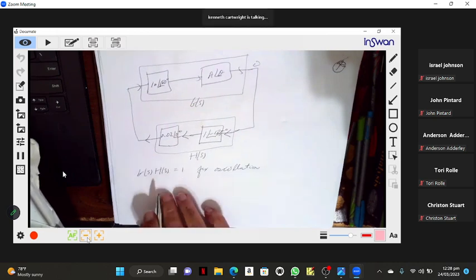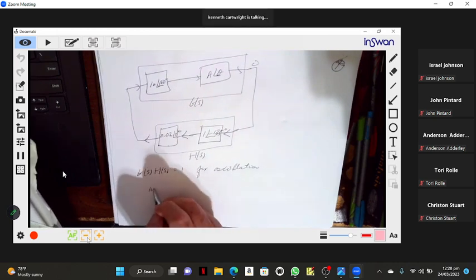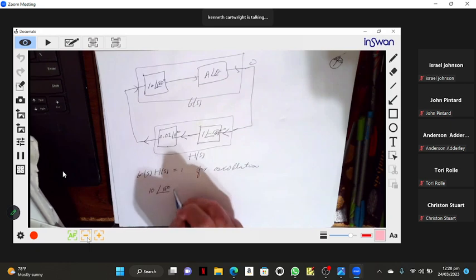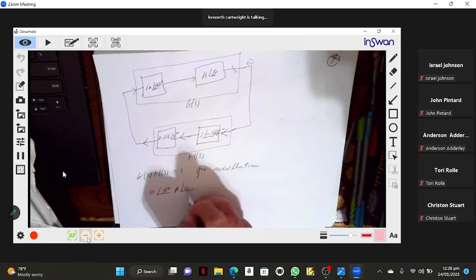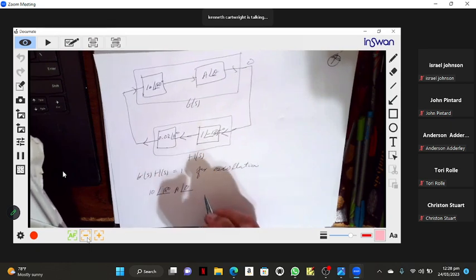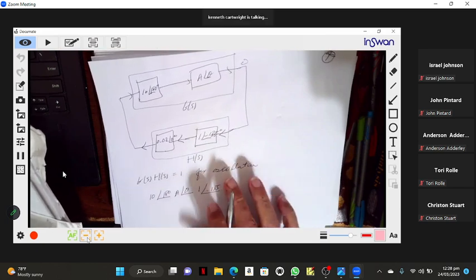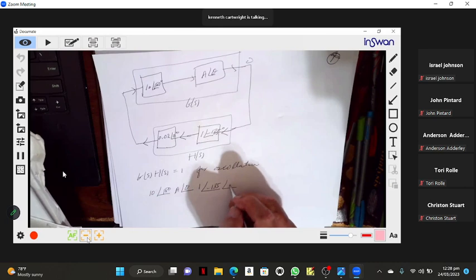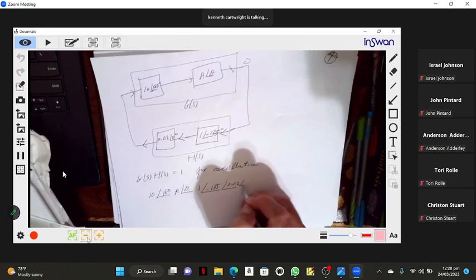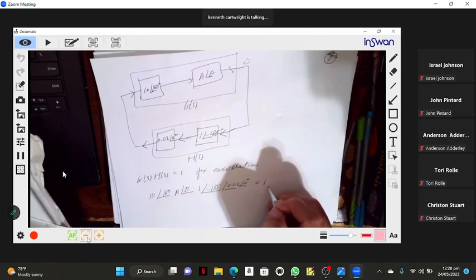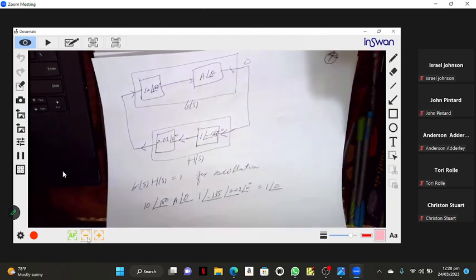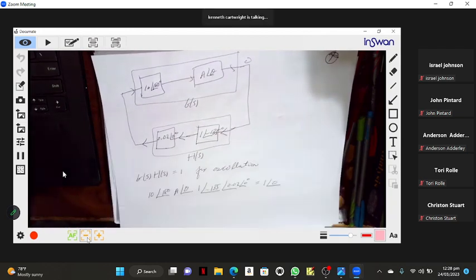So G of S is 10 at 180 times A at theta times H of S. H of S is 1 at negative 135, 0.02 at 0, and that must be equal to 1 at 0.